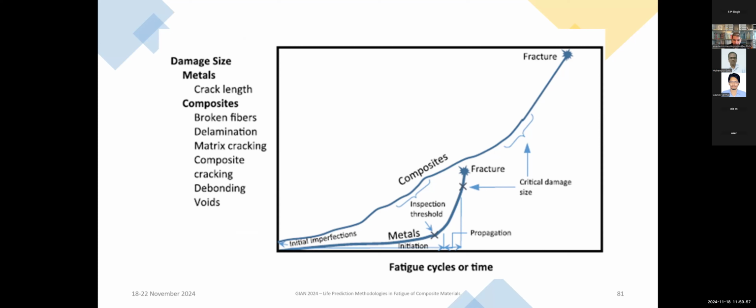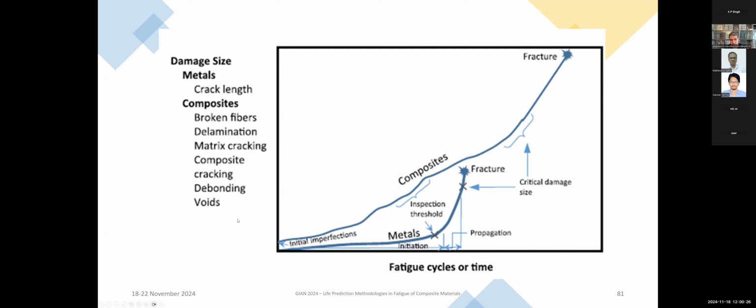And this again brings back the discussion brought on the table by Raman before, that the investigation of composites behavior is much more challenging. Only if we see this list here, we know that for metals, what is important is the crack length, and we actually talk about one crack in metals, whereas in composites we have several cracks.